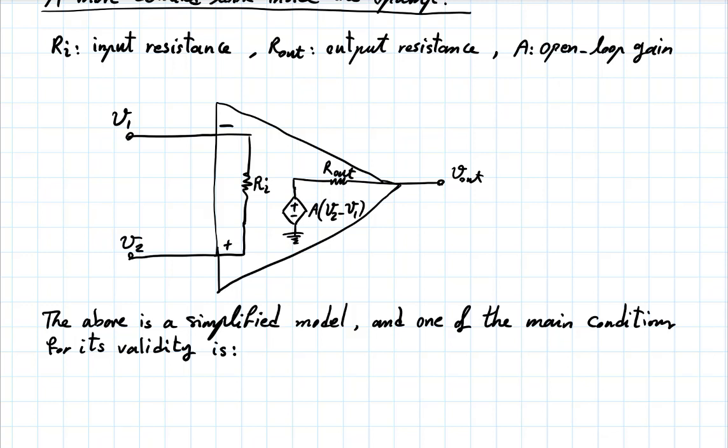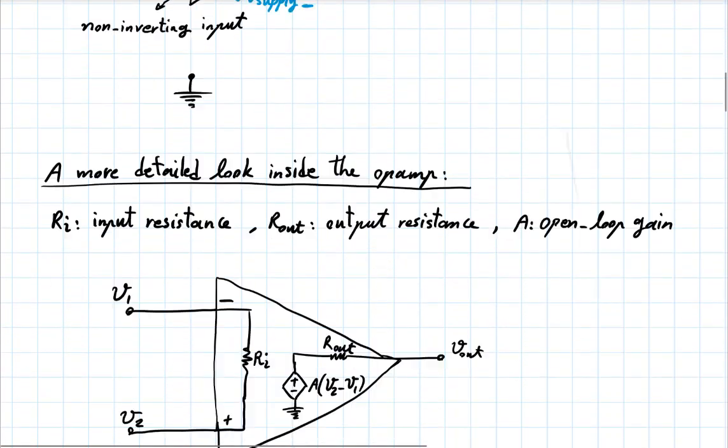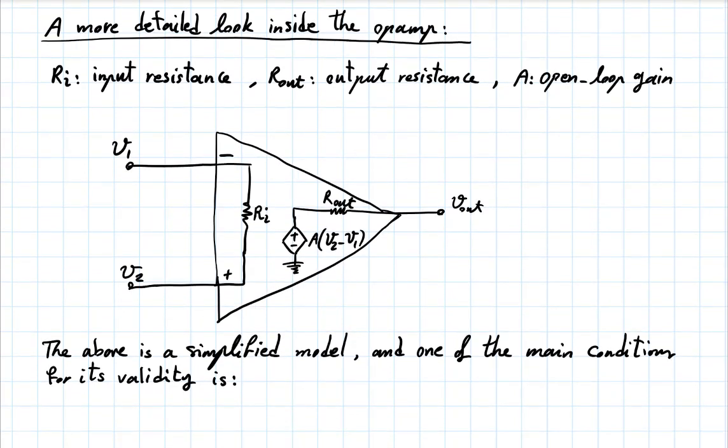So if you're biasing your op-amp with a 15-volt supply, you're not going to get a 200-volt output out of it. And in fact, it is going to be valid up to slightly less than your supply voltages. So let's say if your supply voltages are plus and minus 15 volts, this model is going to work as long as your Vout stays maybe between plus and minus 13, 14 volts.